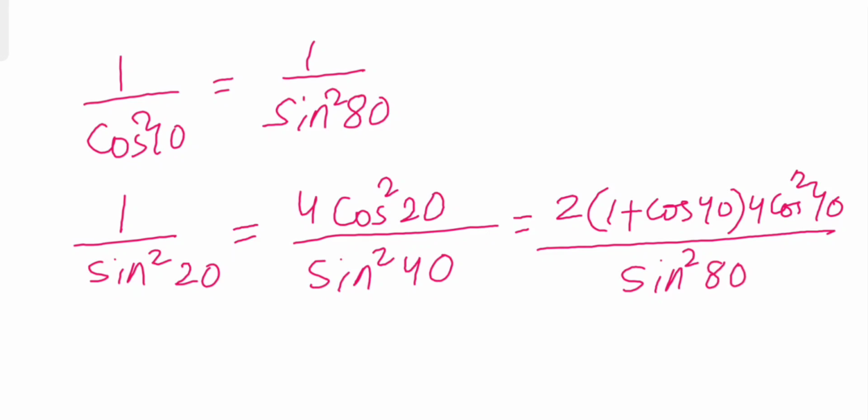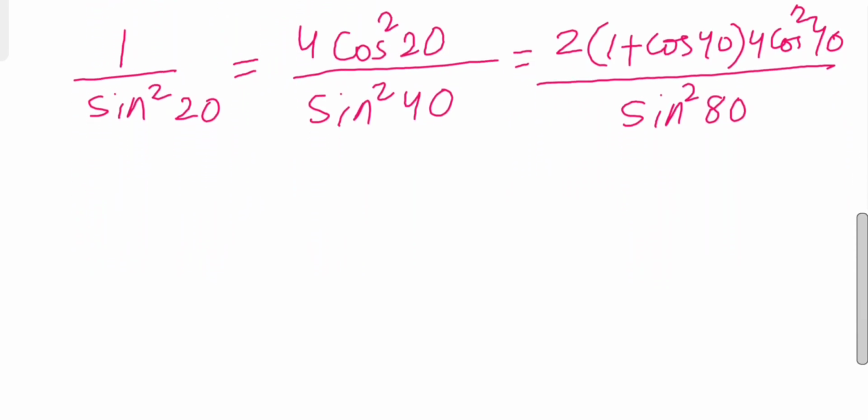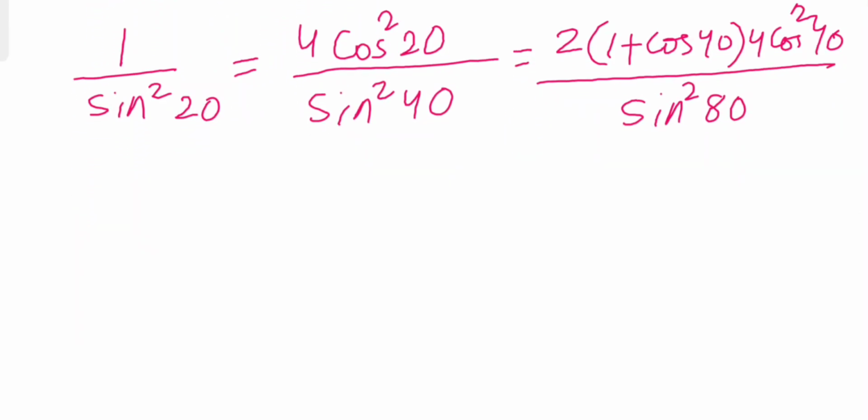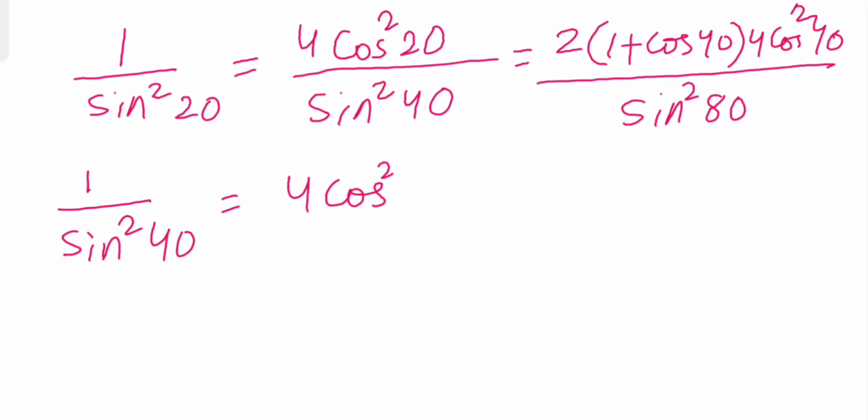Alright, and then the last term, which is 1 by sin square 40, you can simplify as 4 cos square 40 by sin square 80.